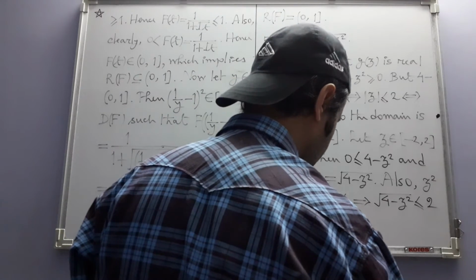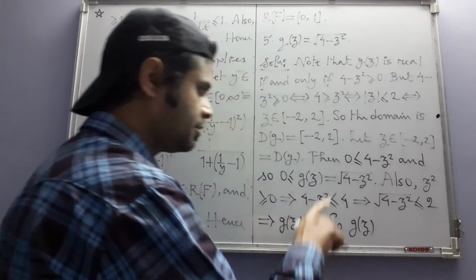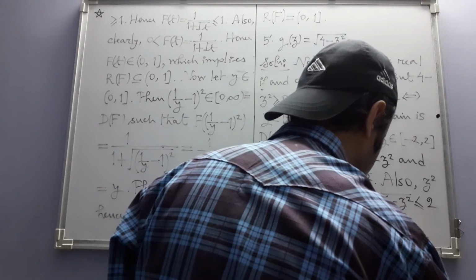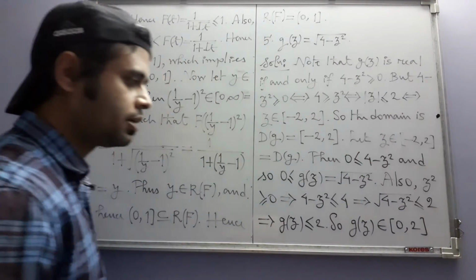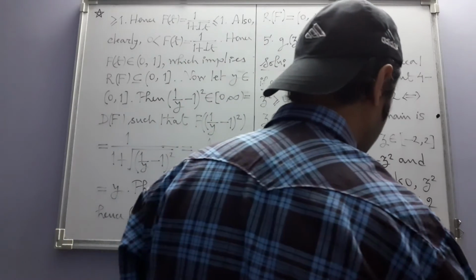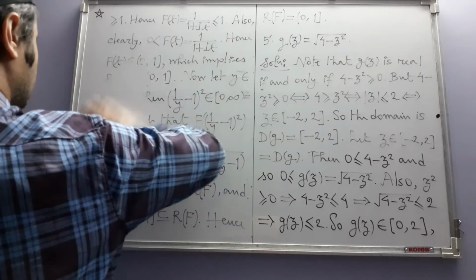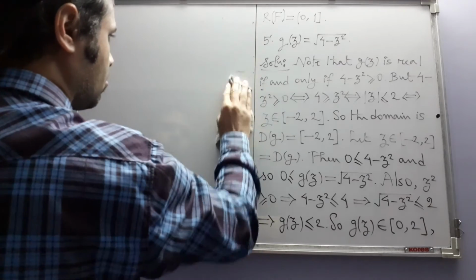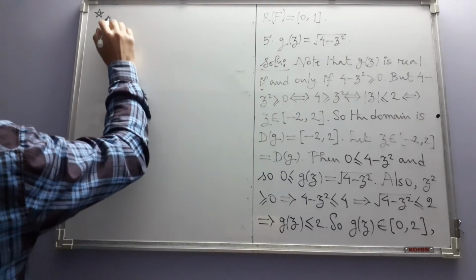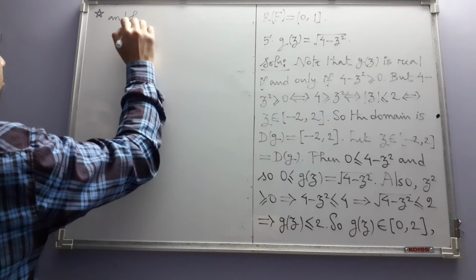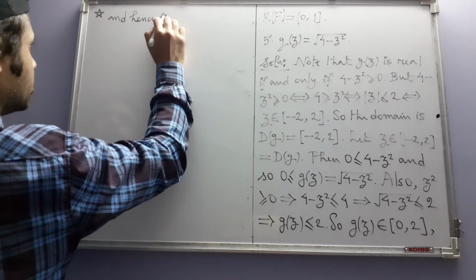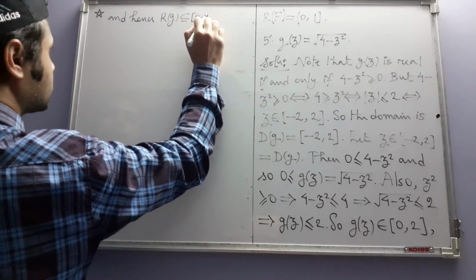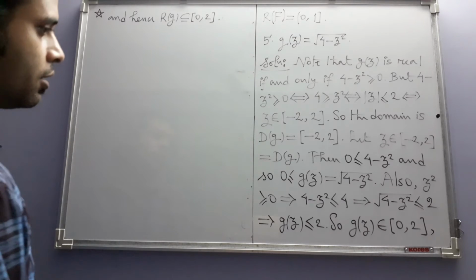So g of z besides being non-negative is also less than or equal to 2. That means it belongs to the closed interval 0, 2, and hence the range of g is contained in the closed interval 0, 2.